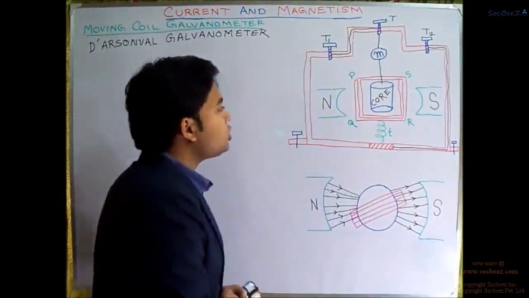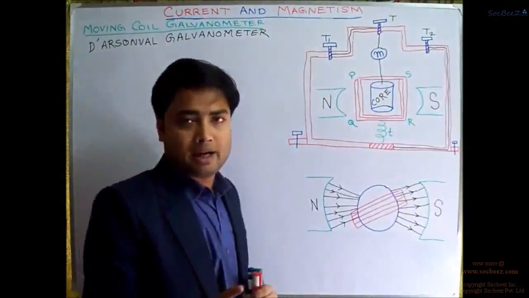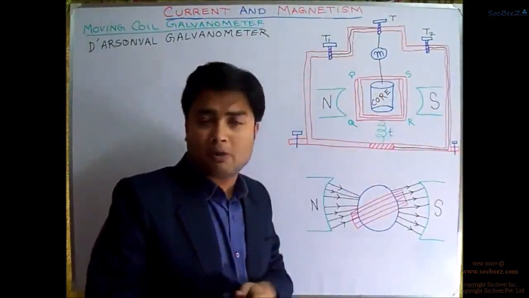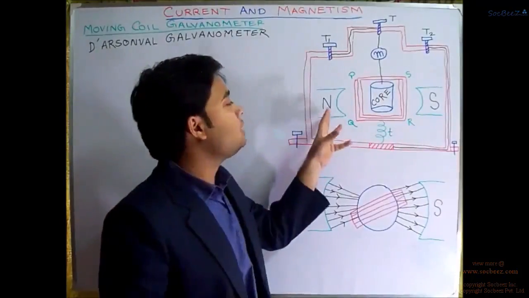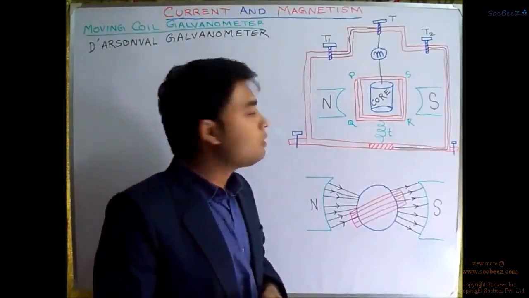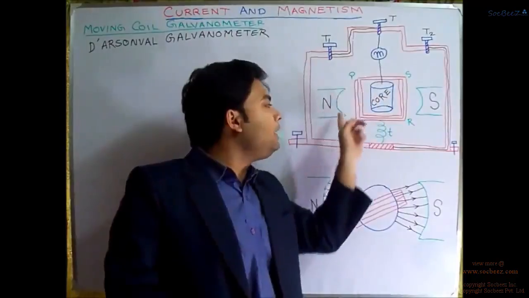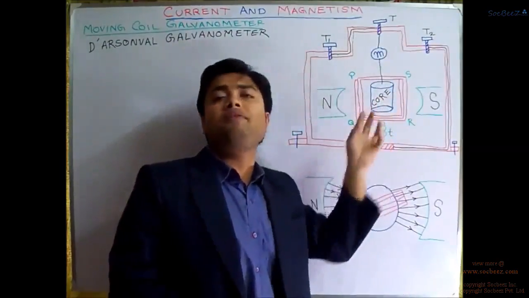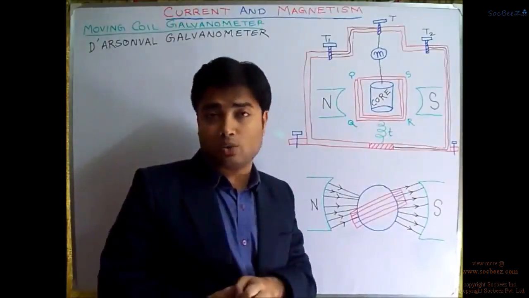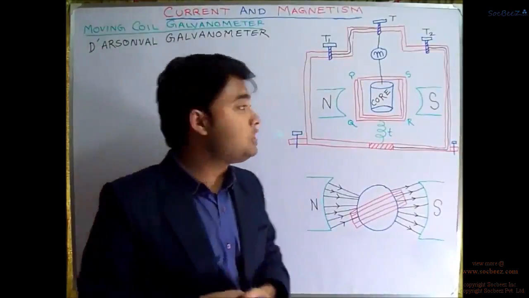Why? Because over here there is a north pole and a south pole of a permanent magnet. First of all, we have to understand that this north pole and south pole is actually the horseshoe permanent magnet, right? So obviously in this coil PQRS there will be a deflection, and there will be a torque associated with it, or the moment of deflection.